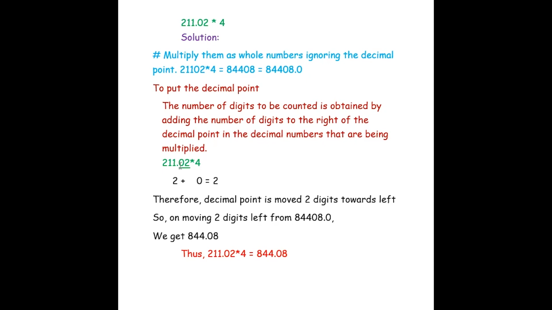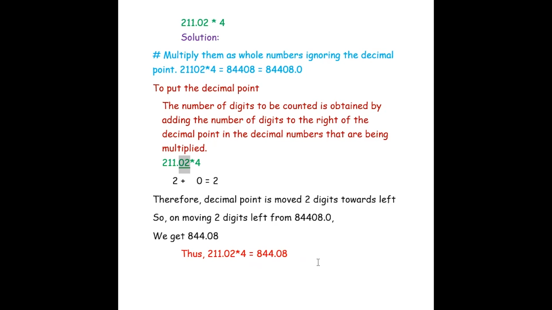In your question, you have only 2 digits to the right of the decimal point. So you have to move this decimal point 2 digits towards left. If you move 2 digits, 1, 2, you will have 844.08. So thus 211.02 into 4 is 844.08.